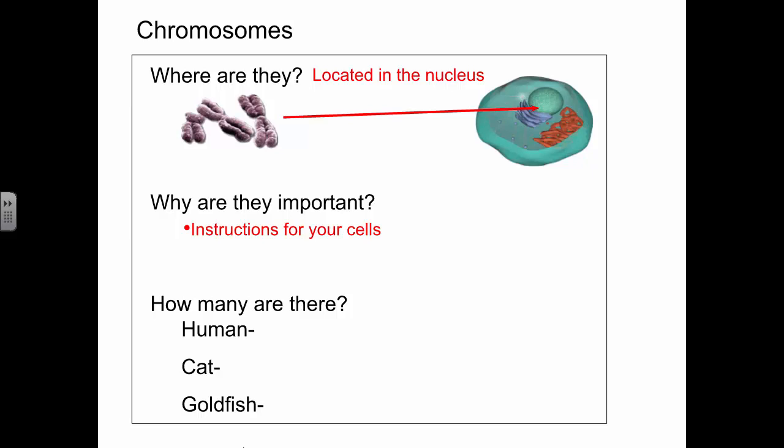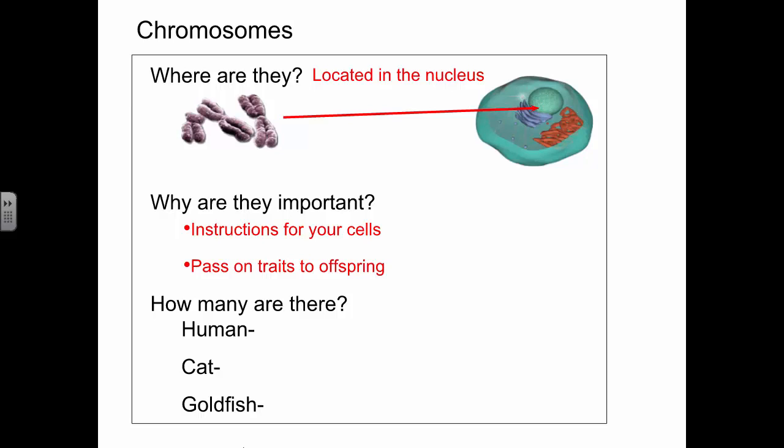So it's directions for what our cells need to do, what they produce, or how they function. And they're important because they pass on traits to offspring. So they carry these traits that we pass on to our offspring. Your chromosomes have traits that will be passed on to your offspring, and your parents passed on traits to you through their chromosomes.